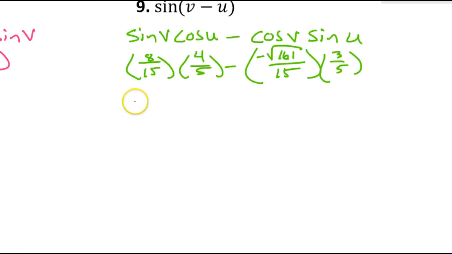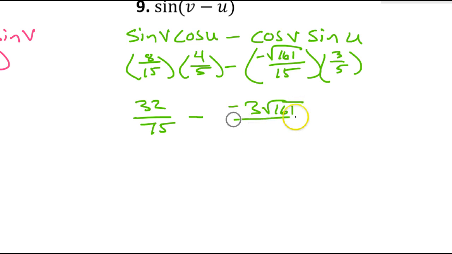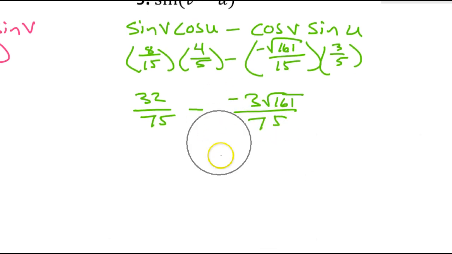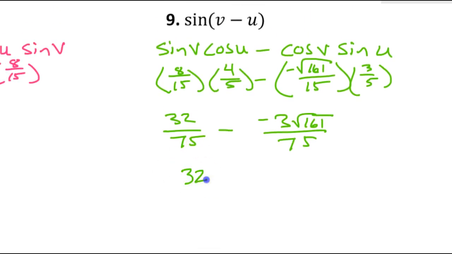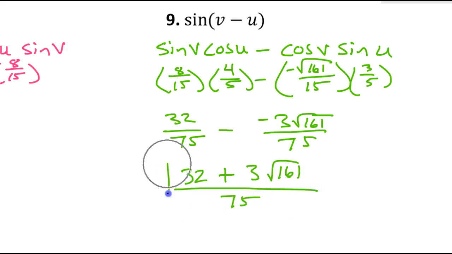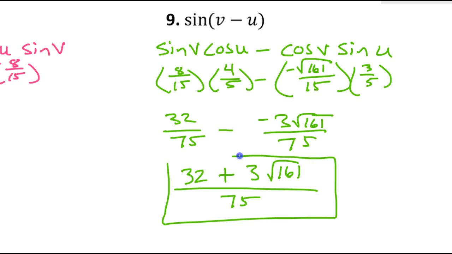Okay, so this is going to make 32 over 75 minus negative 3 radical 161 over 75. Minus a negative is addition, so the final answer is going to be 32 plus 3 radical 161 over 75. So that's the final answer.